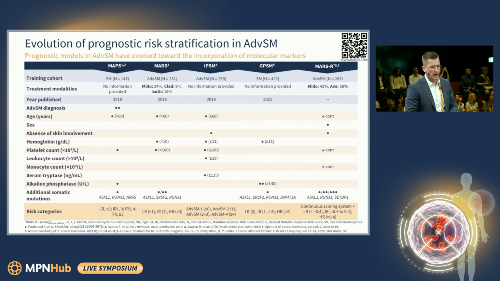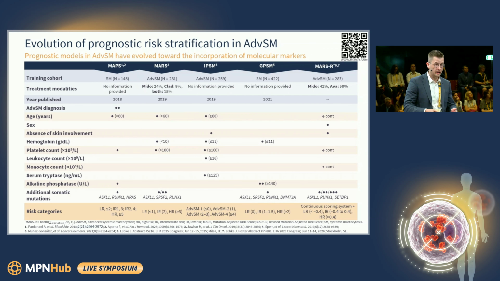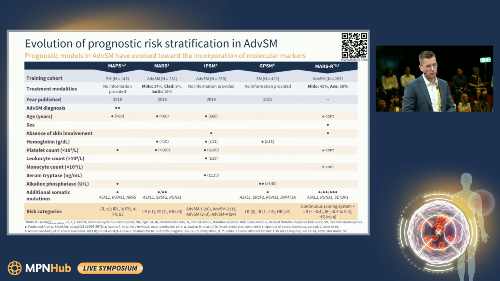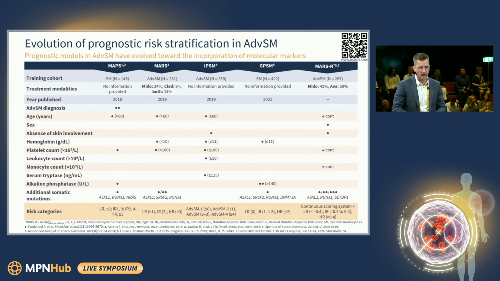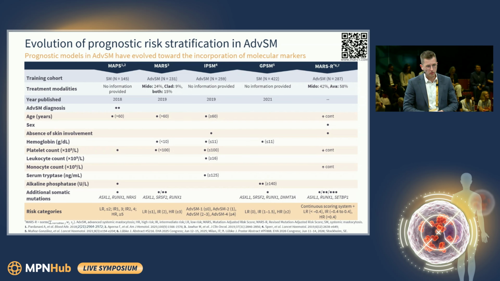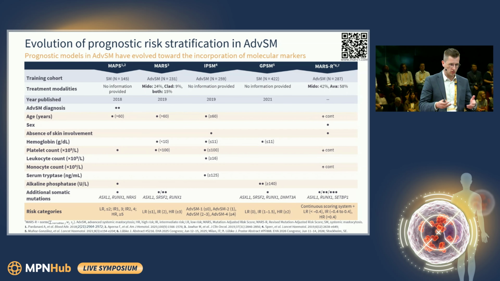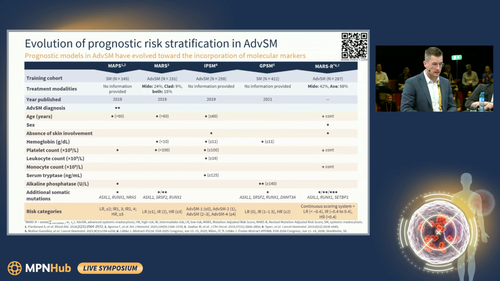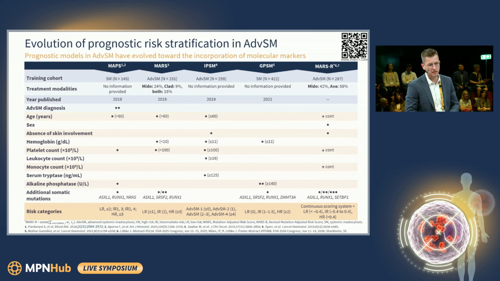It includes higher age, higher monocyte count, and lower platelet count, as well as male sex, absence of skin involvement, and additional somatic mutations, which were associated with reduced overall survival in this analysis. And we put those continuous and categorical variables together into a continuous scoring system and also divided this into different risk categories.